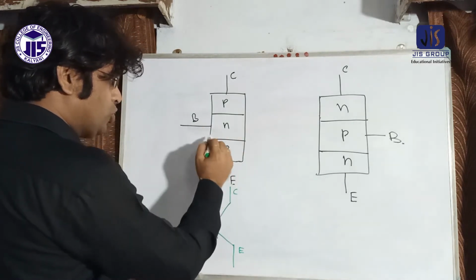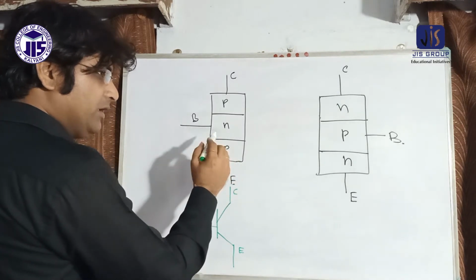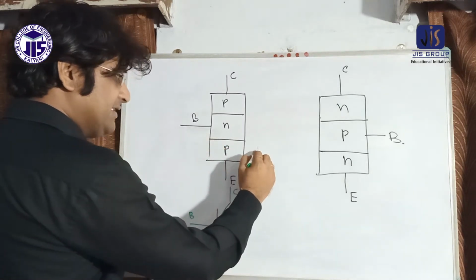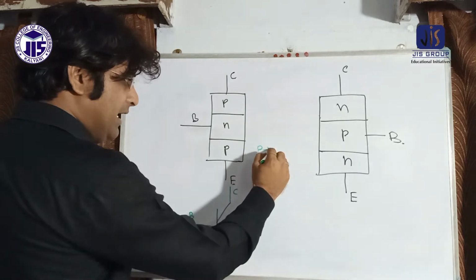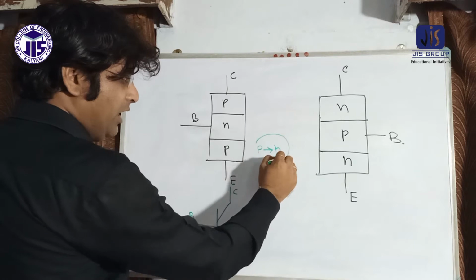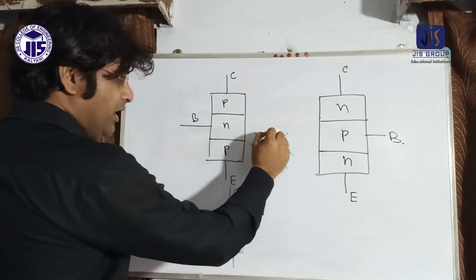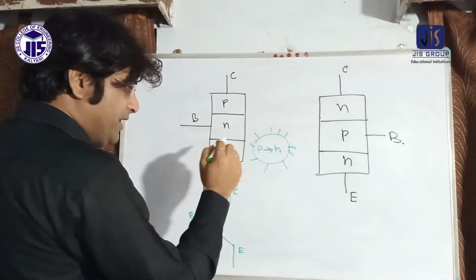Now the base, collector and emitter, and P to N, emitter to base. That is the P to N formula. I am repeating again, the P to N formula.